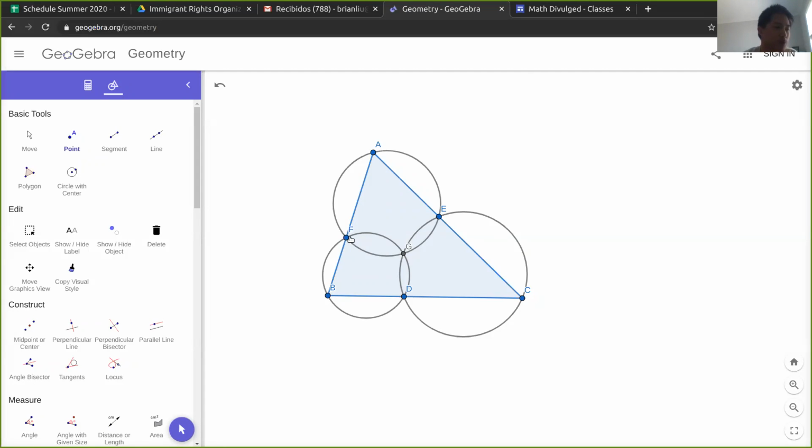So basically, we want to show that these circles are concurrent. They're at the same points. So the thing is that this point G right here, when we start out, we don't start out knowing that they concur at one point, right?